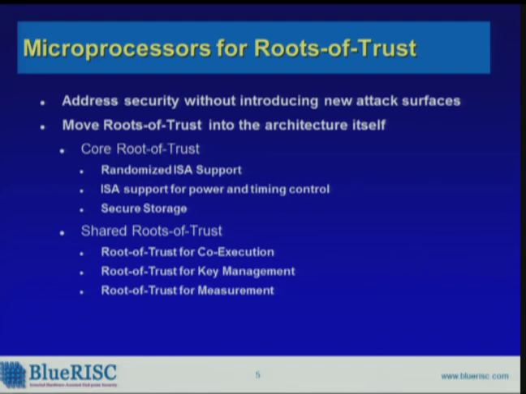And finally, secure storage. Obviously, the data side of things is very important, and we have to ensure that all of the data that is leaving the chip or is leaving critical portions of the chip is secured. Once we can do this, we can also start integrating at the architectural level other roots of trust, shared roots of trust that can be utilized by other components in a system. This includes root of trust for co-execution.